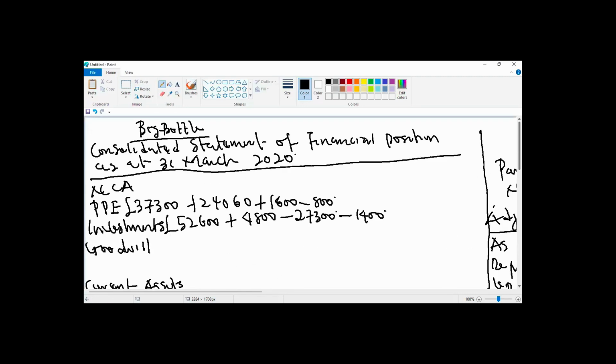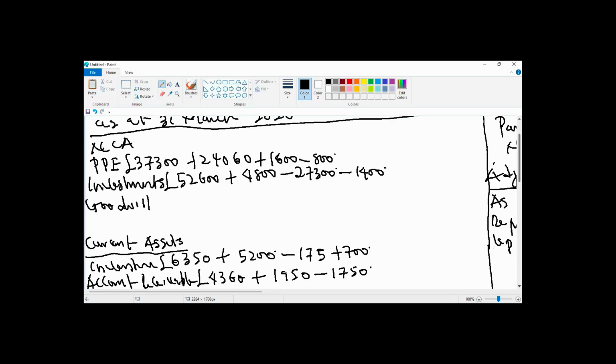The goodwill is 2,800. 37,300 plus 24,060 plus 16 minus 800. 62,160.